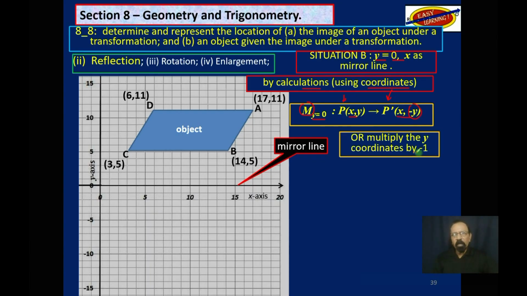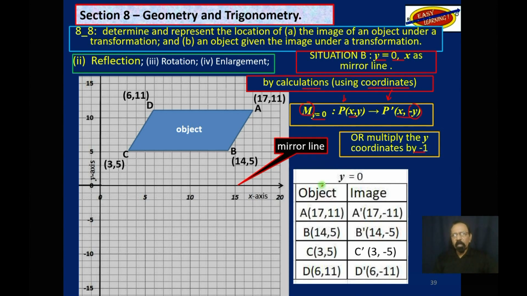Or you just multiply all the y values by -1. So if we do that, we get this table here. Notice that now the y values are multiplied by -1. The x values stay the same.